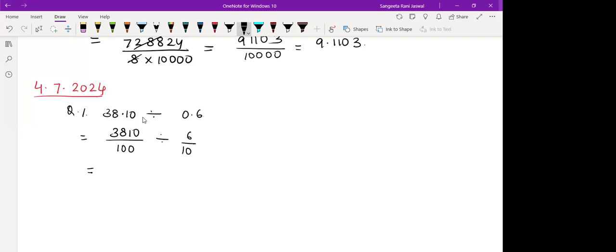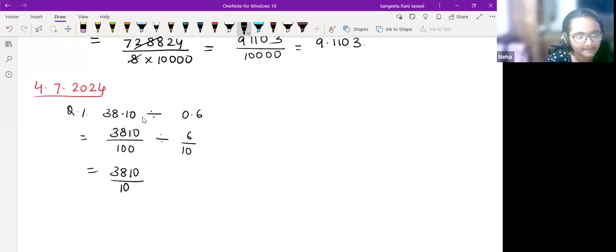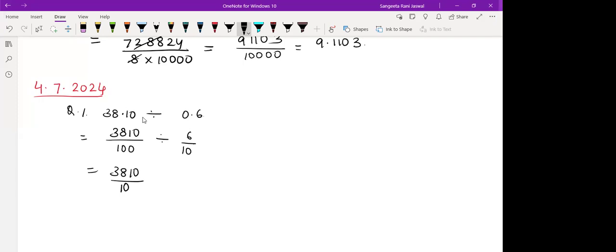Now apply the KCR rule. Keep the first number as it is. As you do in fractions, you have done how to divide fractions. Yes, ma'am. Now both the numbers are in fraction form, so you just do as we do in fractions. First number as it is, divide will change to multiply, and the reciprocal of the other number.